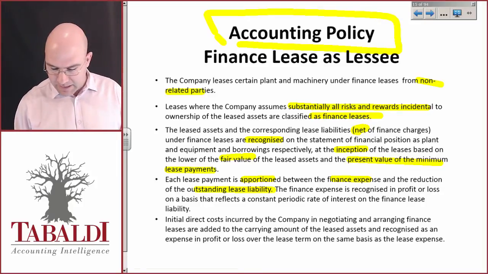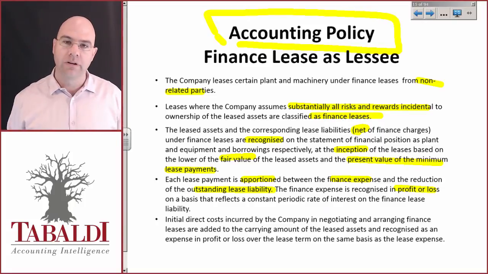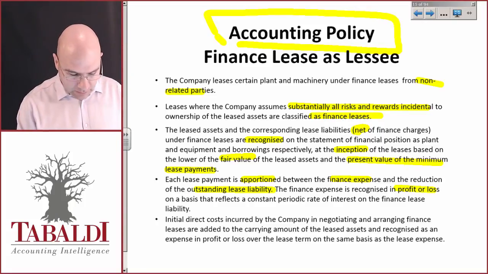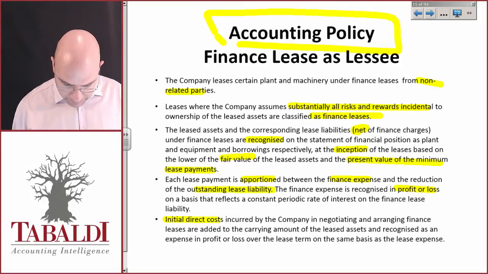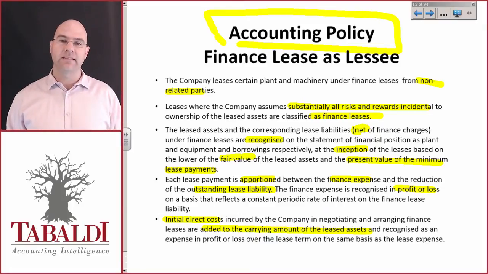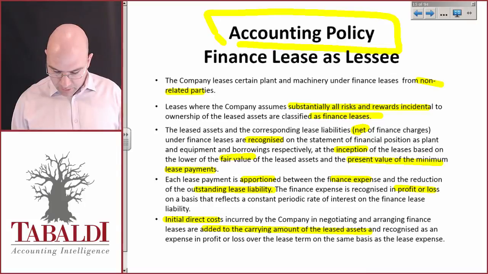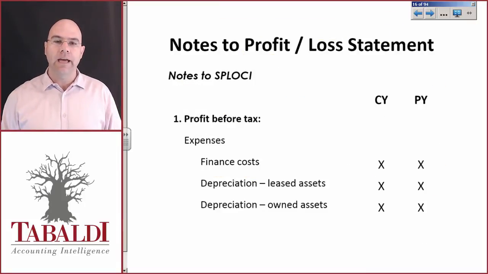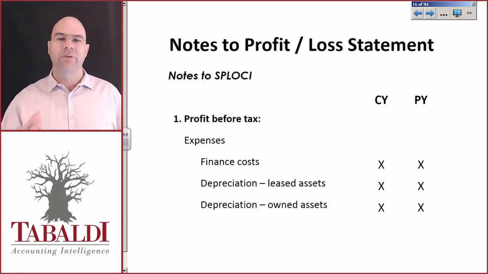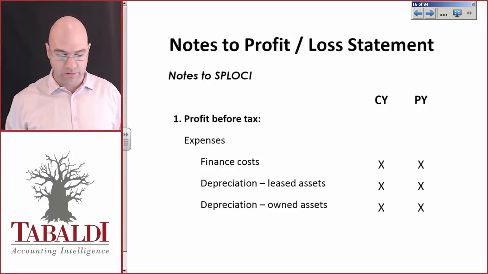The finance expense is recognized in profit or loss, and so on and so forth. Okay, tell me that initial direct costs are capitalized, or added to the carrying amount of the leased assets, and then are expensed in profit or loss as part of the depreciation expense. Okay, accounting policy for exams, you usually don't actually get asked those, but in the real world, they're very important.